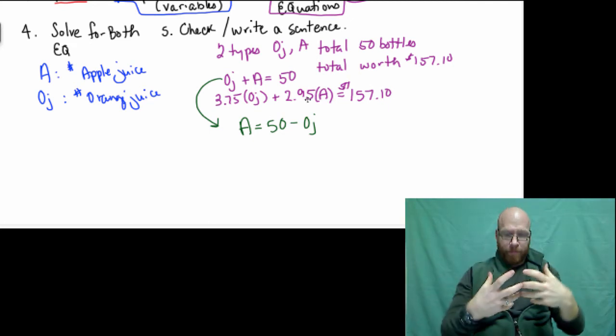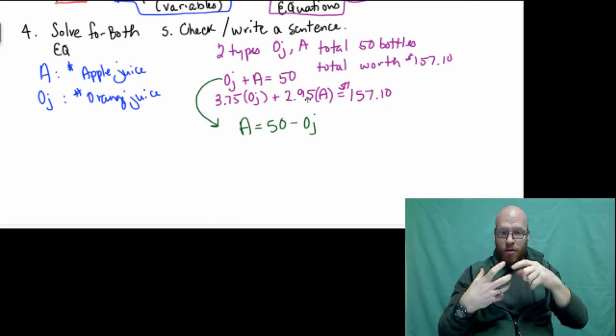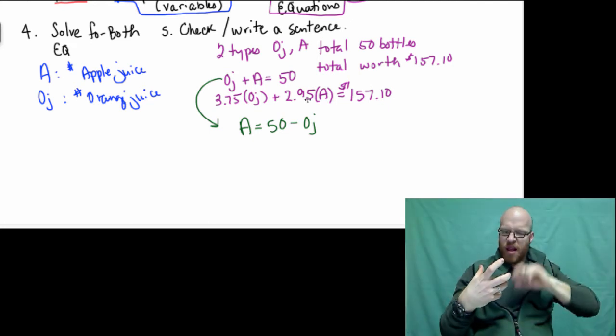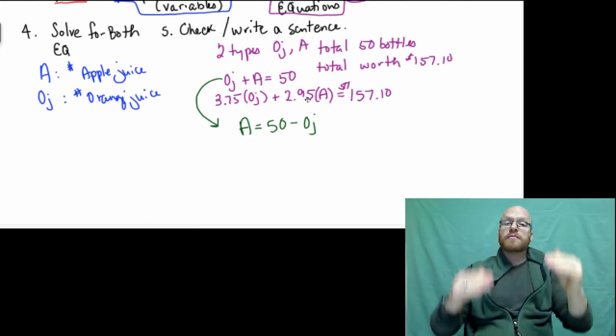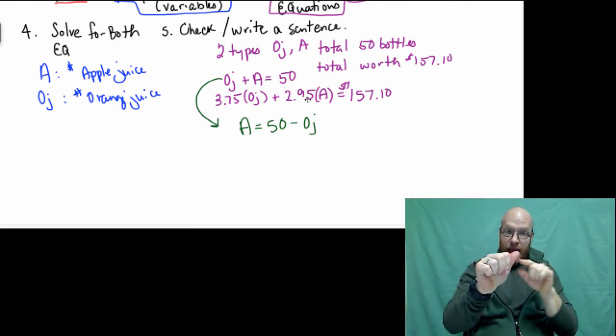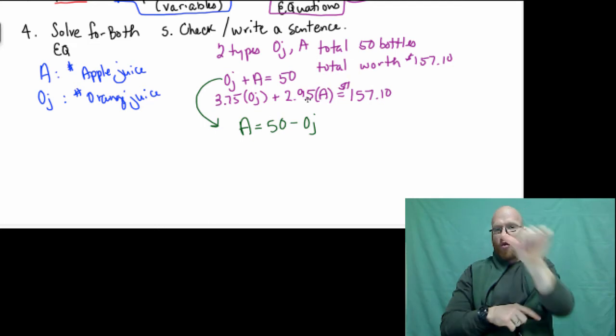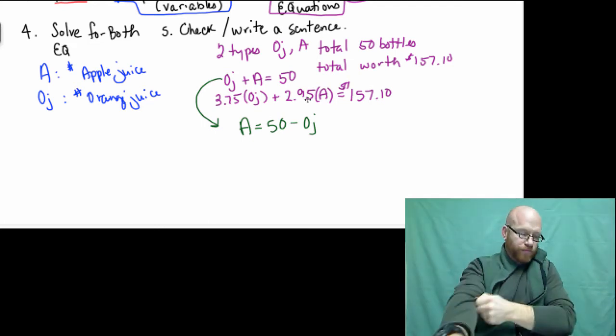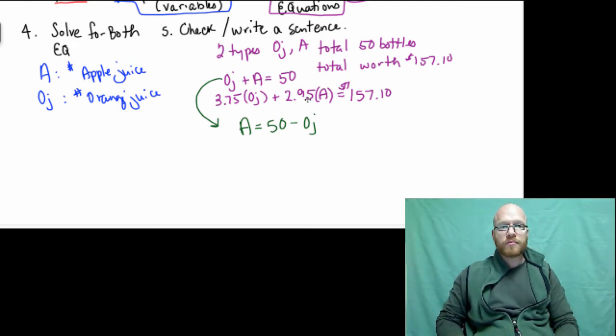Two different kinds, correct? If the total is 50 and I remove the orange juice, what I have left is apple juice. Now, that equation, A equals 50 minus OJ, we're going to replace where we see the A variable in the second equation.